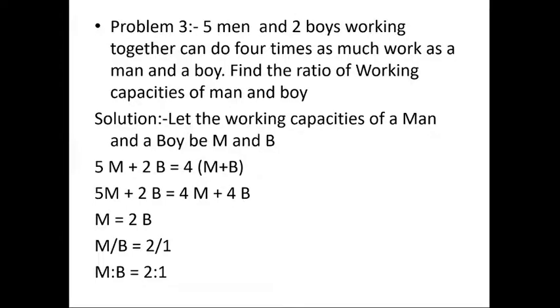Let the working capacities of man and boy be M and B. So 5 men means 5M, plus 2 boys means 2B, is equal to 4 times a man and a boy, so 4 times (M plus B). We simplify this and get the equation M equal to 2B. So M divided by B is 2/1. So the man to boy ratio of their capacity will be 2:1. It's as simple as this.